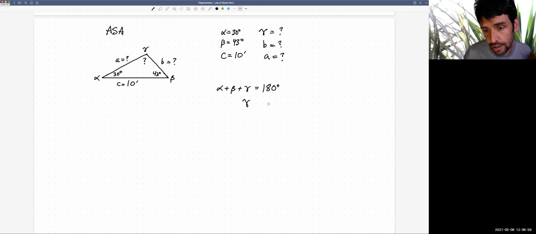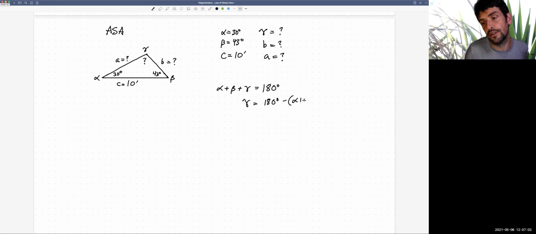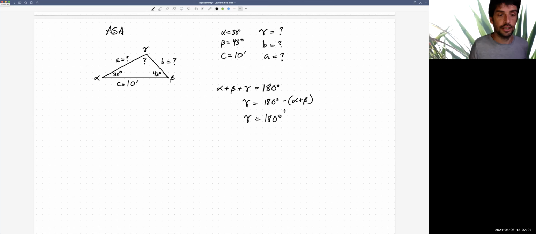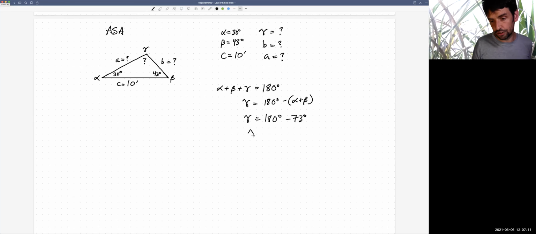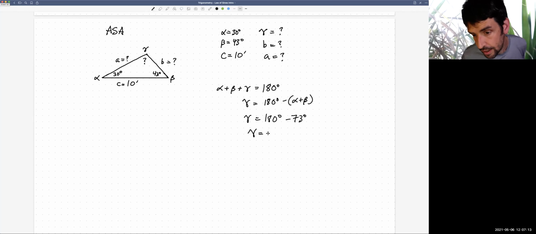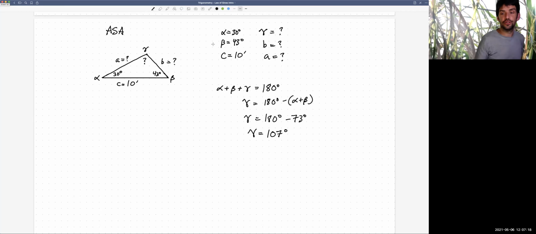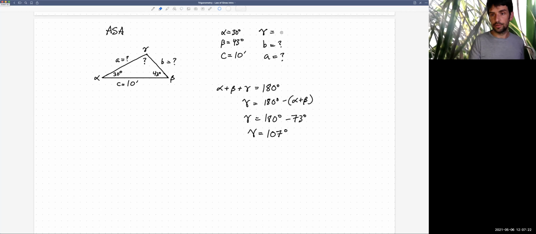So gamma is equal to 180 degrees minus alpha plus beta. In this case, alpha plus beta is going to be 73 degrees. So gamma is equal to 107 degrees. So just like that, we've got gamma. Let's put that in here.